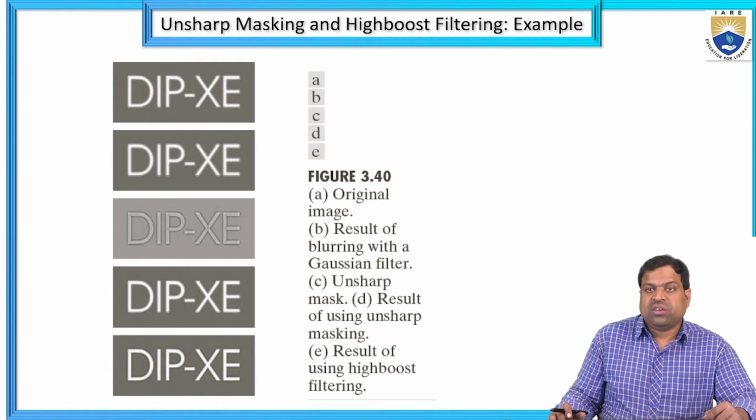Here we have the original image and the result of blurring with a Gaussian filter.